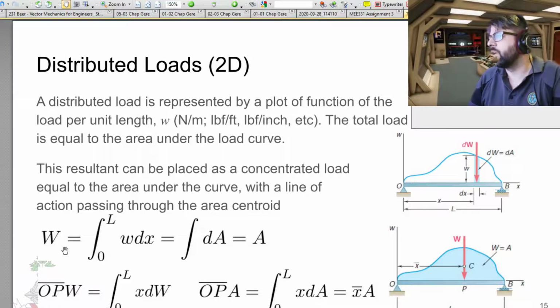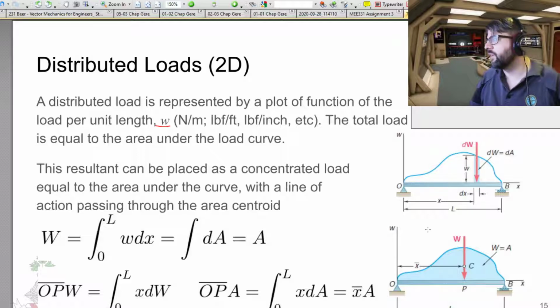So in 2D, a distributed load is typically given by some sort of plot function of the load per unit length. Denote that here by W. So again, typically speaking, we're talking some force over a length, newtons per meter, pounds per foot, pounds per inch, and so forth.